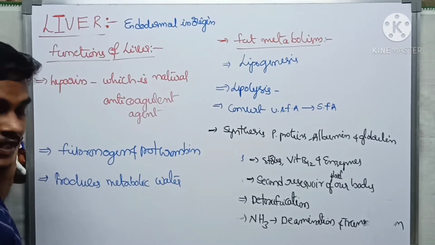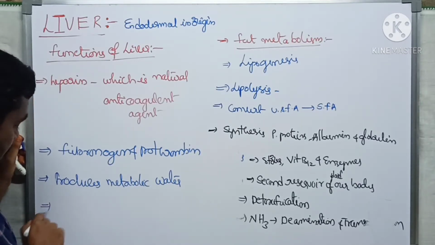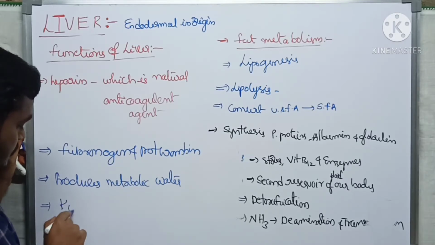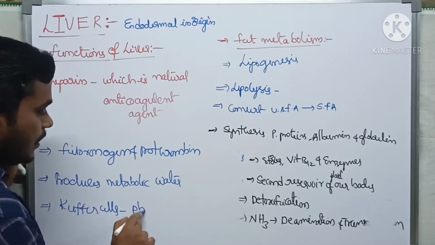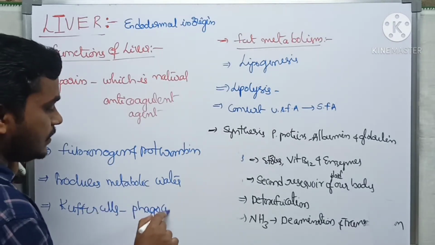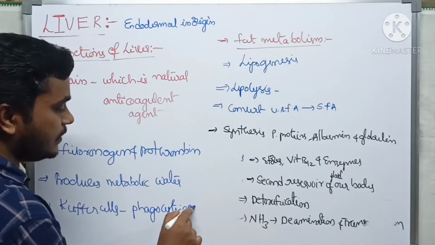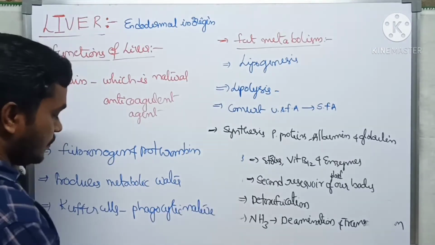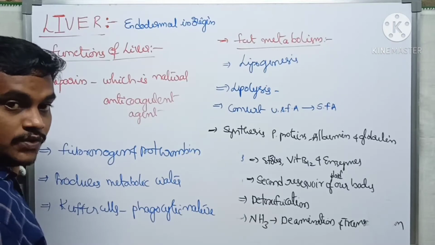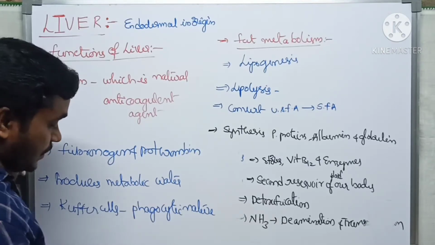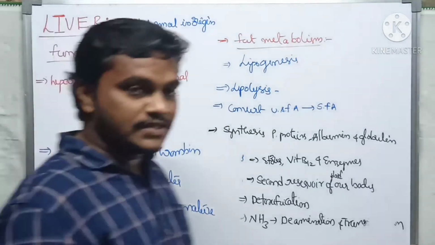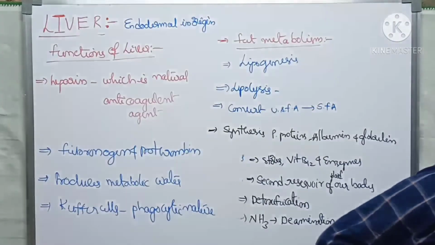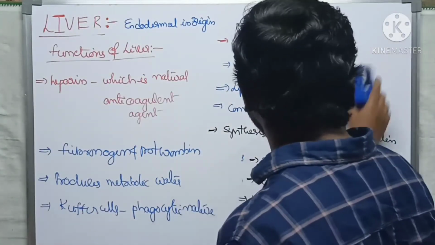Also the liver consists of some phagocytic cells, those are called Kupffer cells. They are phagocytic in nature. Kupffer cells act as phagocytic cells that destroy the unwanted particles from our digestive system.